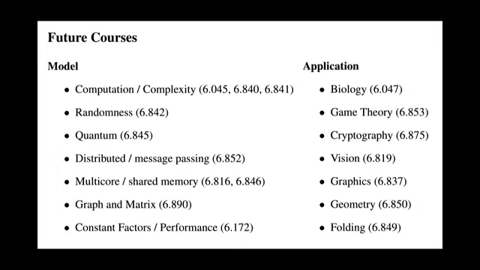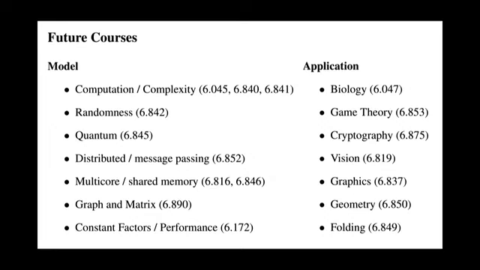For example, more graph stuff, different models of computation, randomness, complexity. All of these things have their own specialized classes in the department, as well as a lot of applications for this material in subjects like biology, cryptography, and in particular for your instructors, the realm of graphics and geometry. All of your instructors this term happen to be geometers and interested in geometry-related problems.